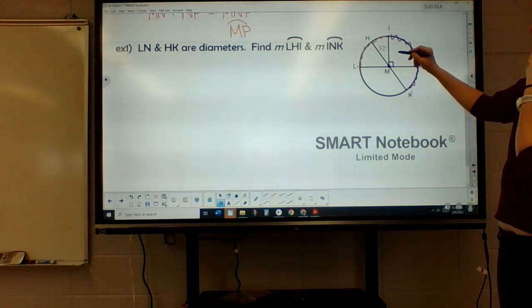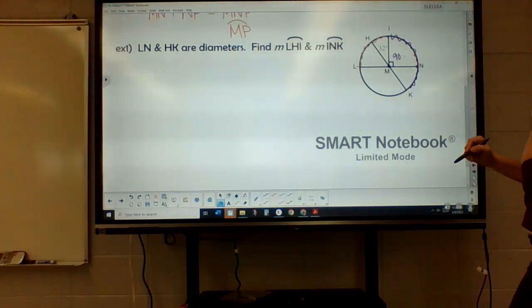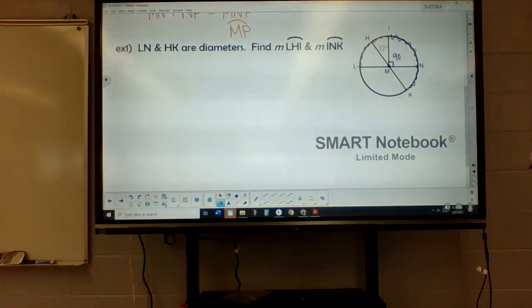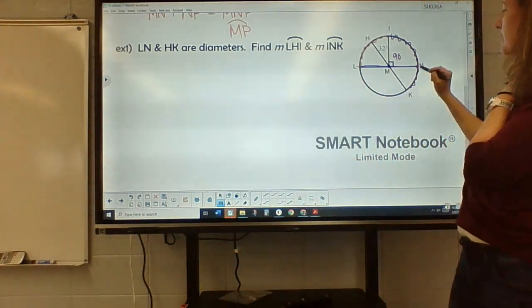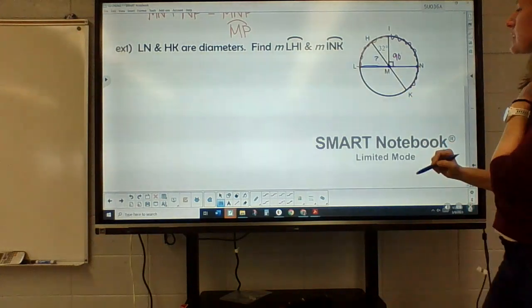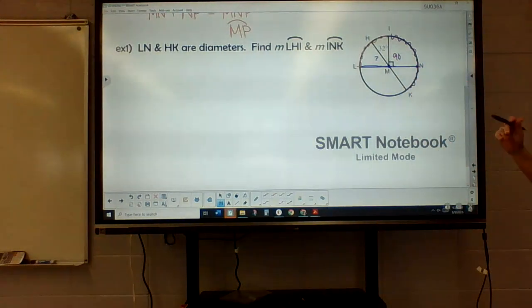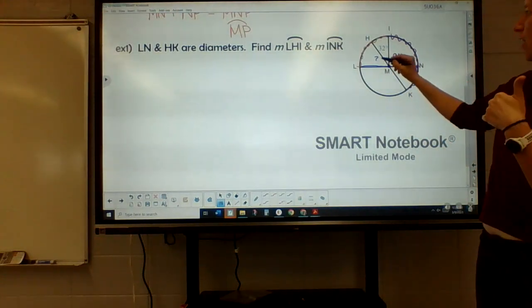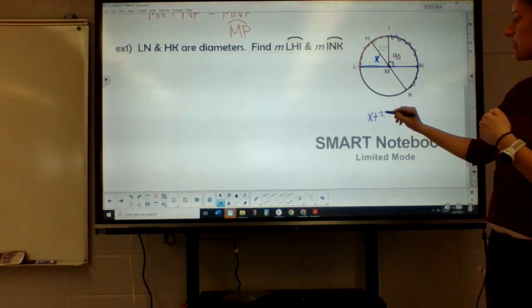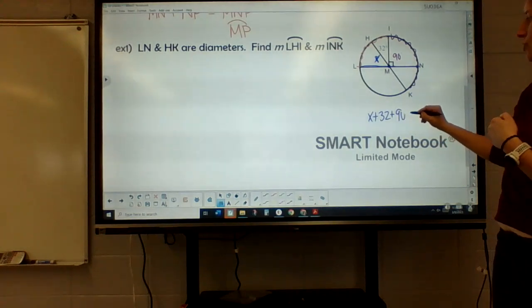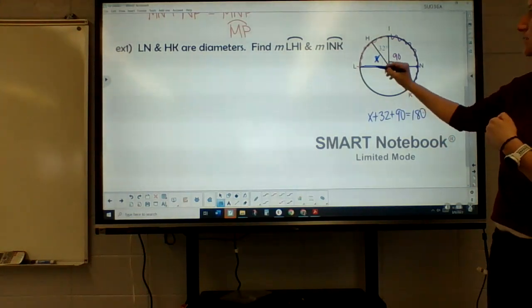But I know already that this is 90, right, because of the right angle there. But again, I have this straight line here, so I should be able to figure out this angle or this one because they add up to 180. So I'm going to call this x here. So x plus 32 plus 90 should equal 180 degrees because this is a straight line.